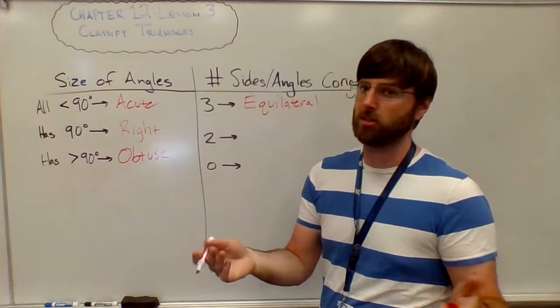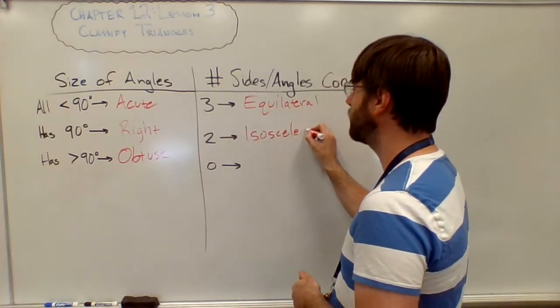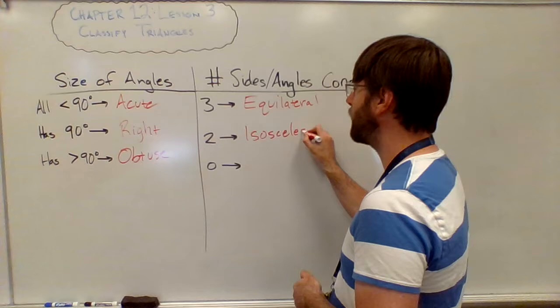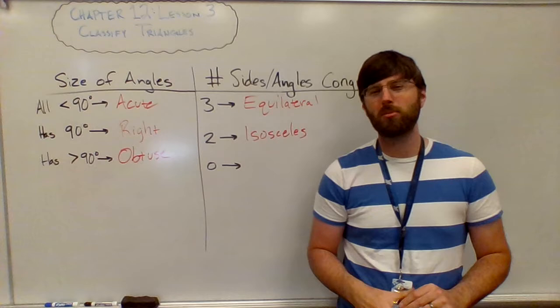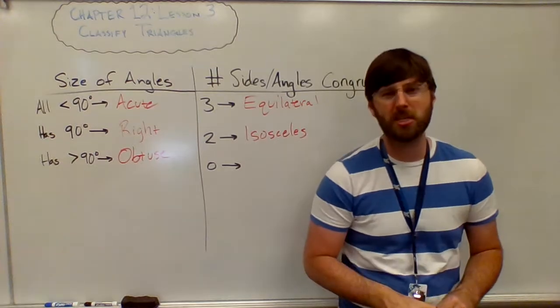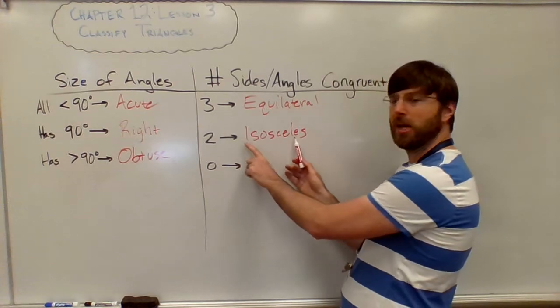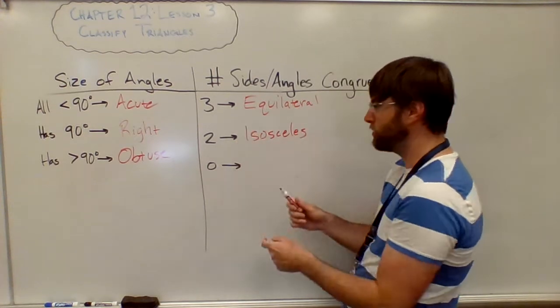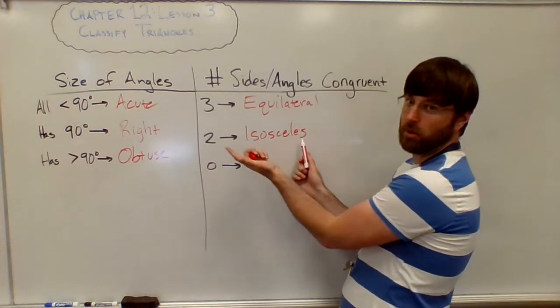This is kind of the strangest word, isosceles. An isosceles triangle has 2 congruent sides and angles. I remember that isosceles goes with the 2 because it has lots of double letters in it. Like my capital I and my lowercase l look the same. And there's like 2 E's and there's 3 S's.